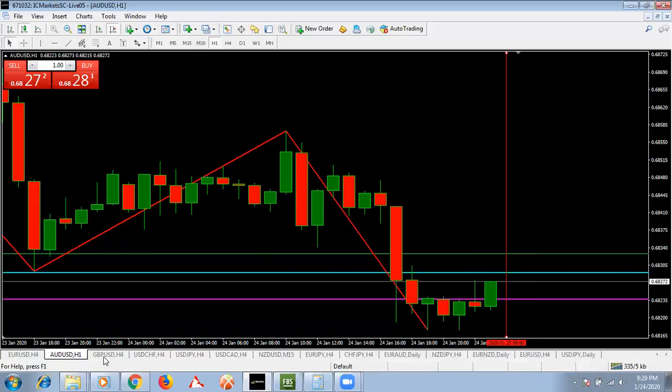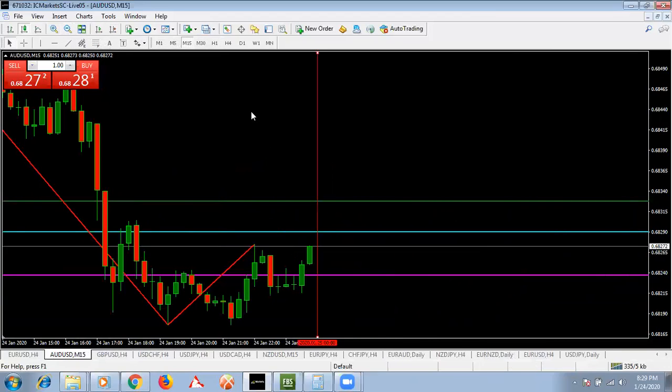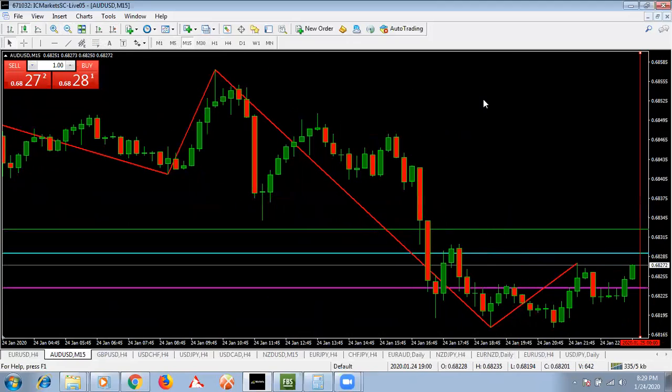Now, if you go by the 4-hour, 1-hour, and 15-minute time frames, the bulls are showing up in the market. So we need to allow them to show some of their muscle, and let's see how far they will push the price.